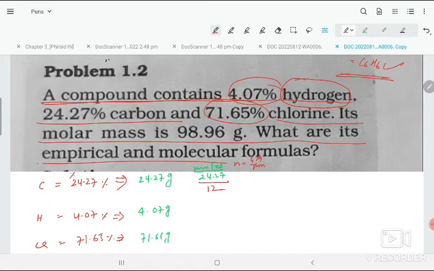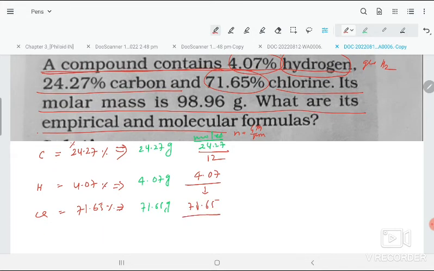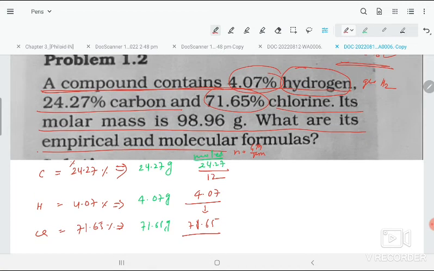Hydrogen means it will be the atomic form, not the molecular form, so we write 4.07 divided by 1. If they mentioned hydrogen gas, then it would be H2, but they didn't mention. For chlorine, 71.65 divided by the chlorine mass, 35.5.